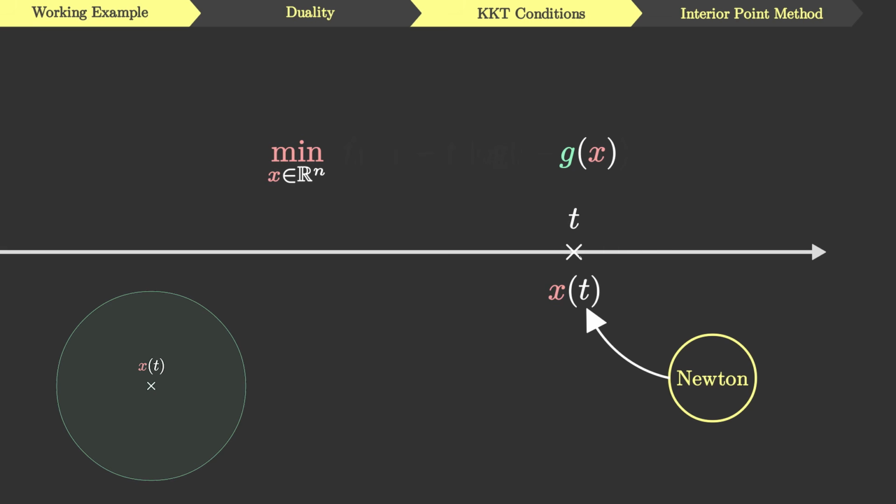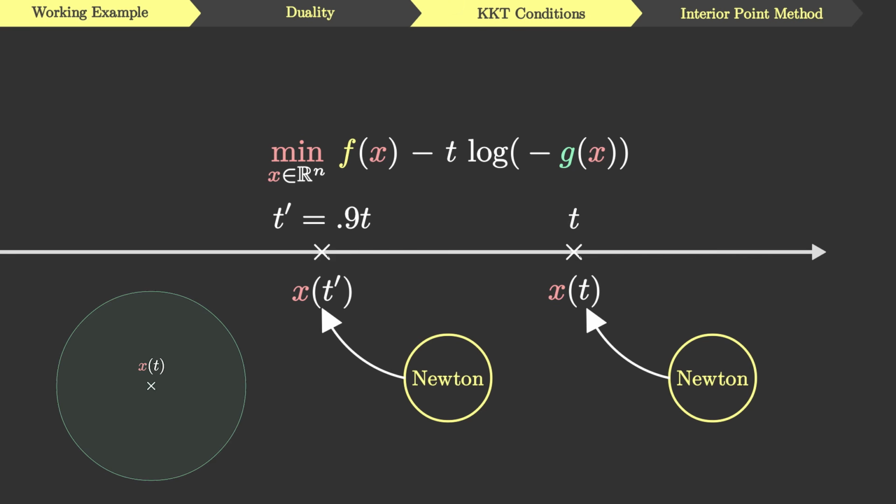Once you have a solution for a given t, you can try to solve for a slightly smaller t prime, say t prime equals 0.9 times t. We will again use Newton's method, but now the difference is that we will specify x of t as a starting point for Newton's method. The one thing you need to know about Newton's method is that if you initialize it with a point that is close to the optimal solution, then it will run super fast.